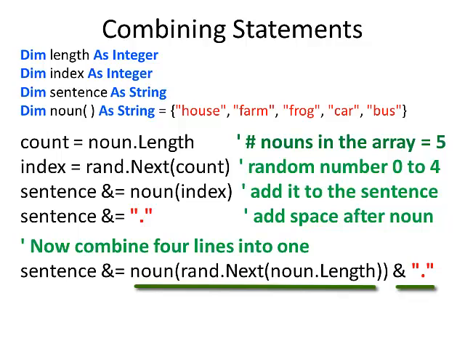Then I'm going to have frog ampersand quote period quote. The ampersand is going to concatenate 2 strings together. The ampersand equal is going to add those 2 strings onto sentence. So the ampersand combines 2 strings. Ampersand equal is going to store it or concatenate it into the new string called sentence.